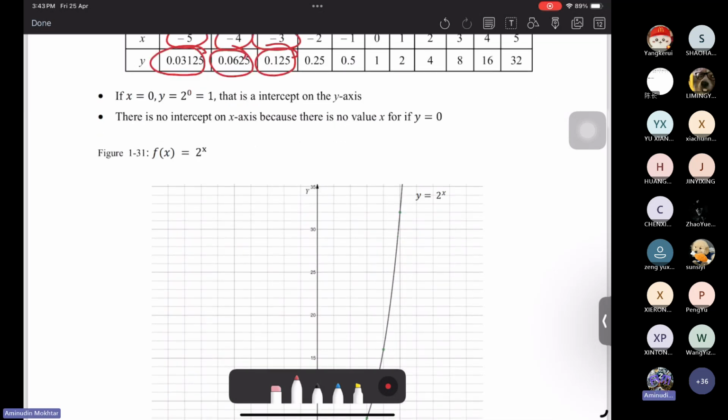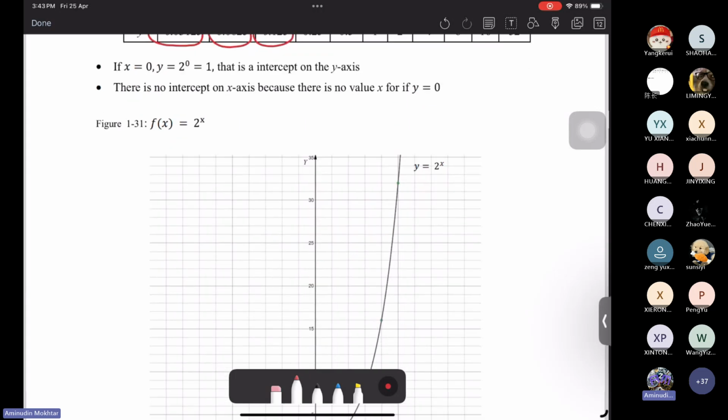For example, y equal to 2 to the power of x, the exponential of x with base b equal to 2.